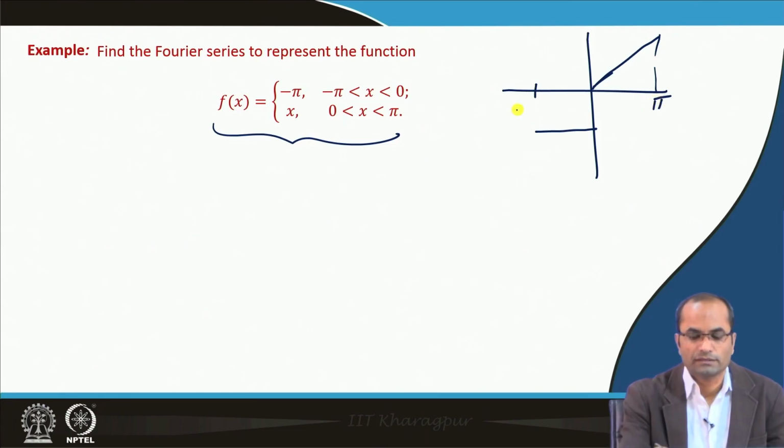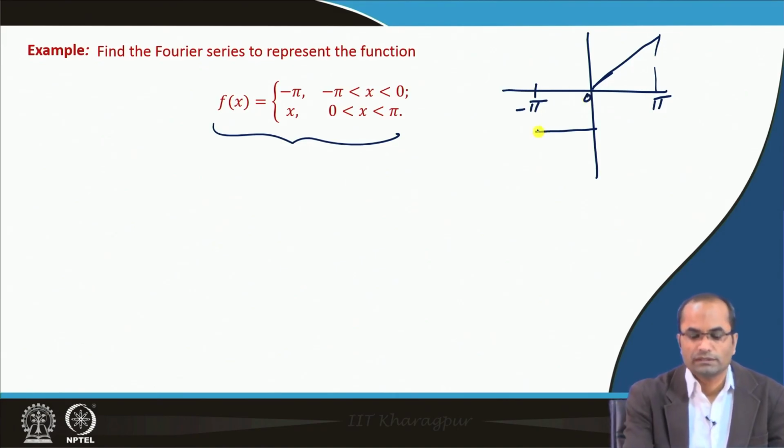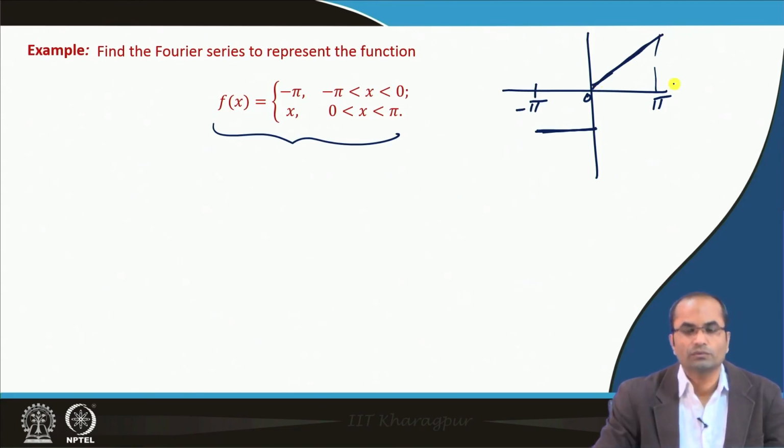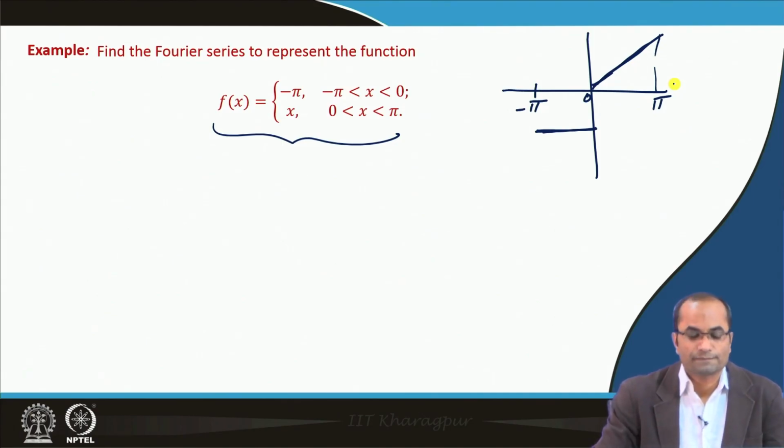So, this is pi, this is minus pi. So, that is the given function: from minus pi to 0 it is represented by minus pi, and then the function is given by x in the range 0 to pi. It is a piecewise continuous function, and we want to write its Fourier series.